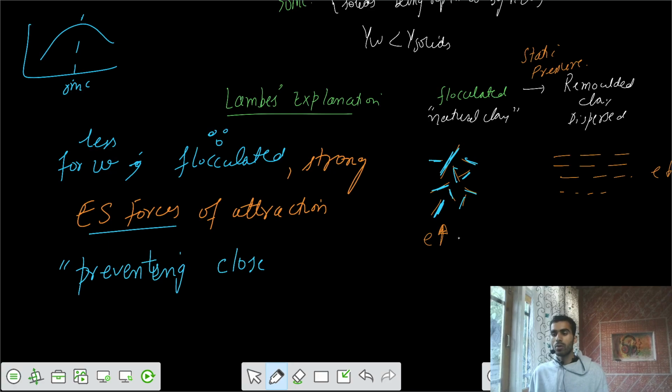I want to decrease the void ratio, the volume of voids, volume of air. So for that, I have to make these particles align in a proper uniform way, such that gamma would increase. These electrostatic forces of attraction are preventing their closing up.